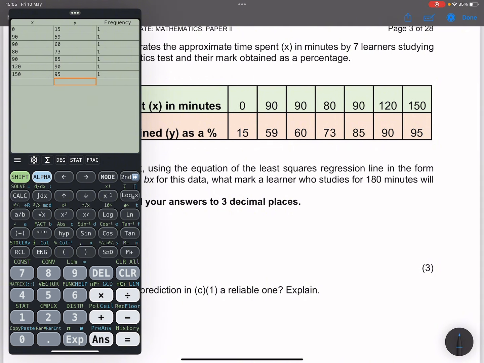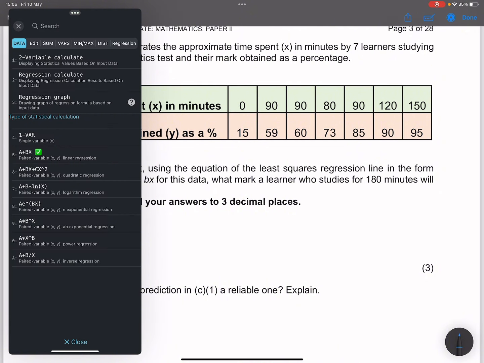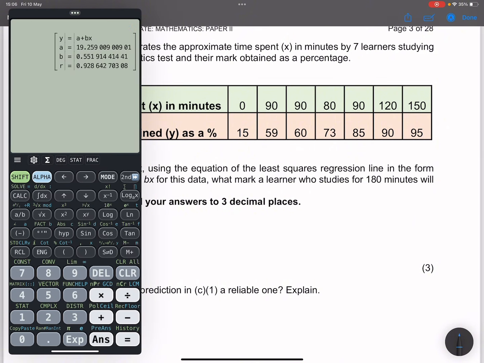So now what we're going to do, ladies and gents, is work out the least square regression line. You'd press shift and go to number 1 on stat. You can see there I've got different options, I will say regression calculation. Of course, on your calculator you would have that option as well.